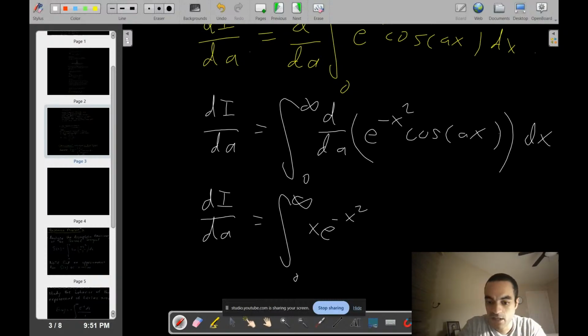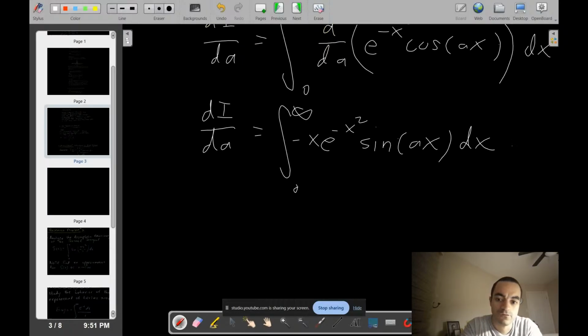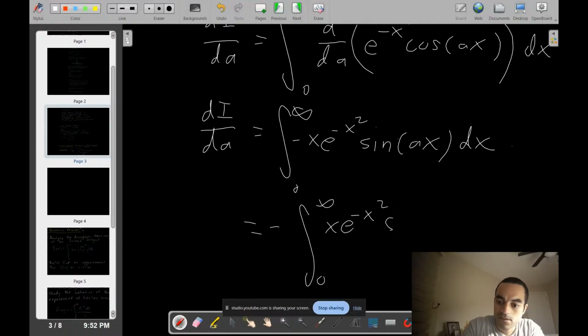Derivative of cosine is sine, so it's negative x e to the negative x squared sine of ax dx. Okay, and the negatives go in front, right? It's just good to write it like this: minus integral 0 to infinity of x e to the negative x squared sine of ax dx.